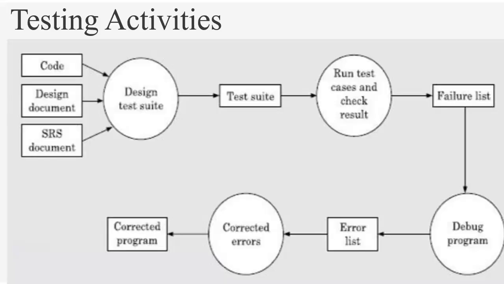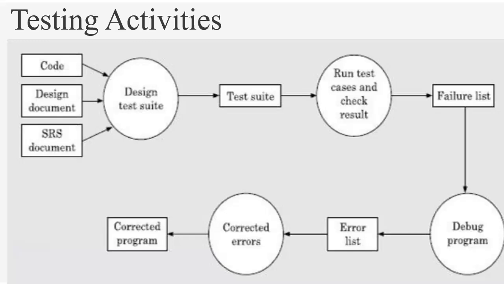So in testing, what are the testing activities? First, we have to generate the code and the documents. For this, we can use the software requirement specification document. By using this, we go for designing the test suite. What do you mean by test suite? It is a combination of many test cases, isn't it?